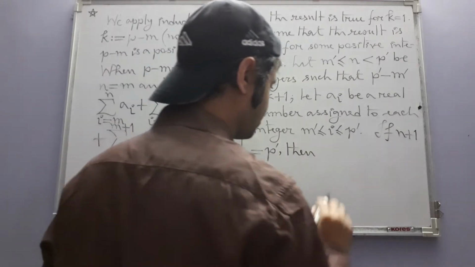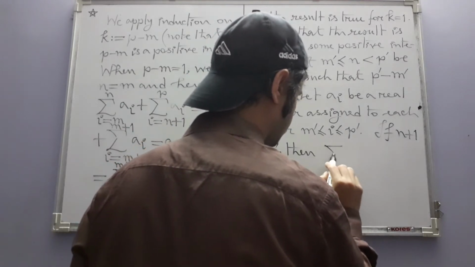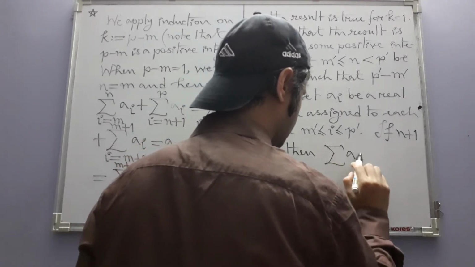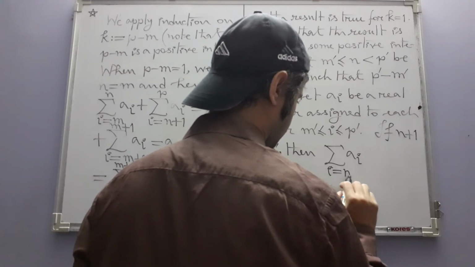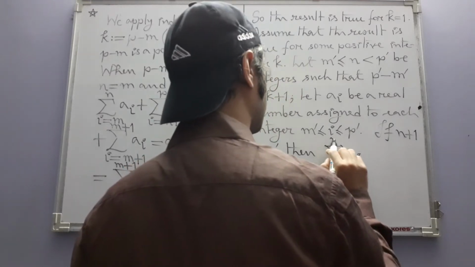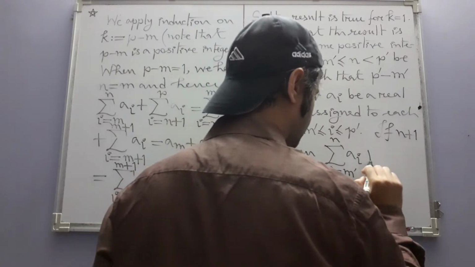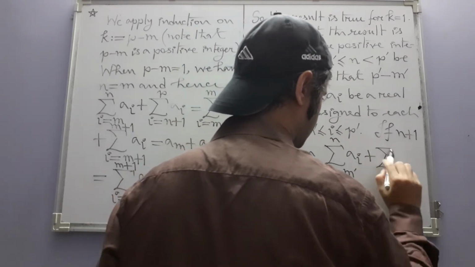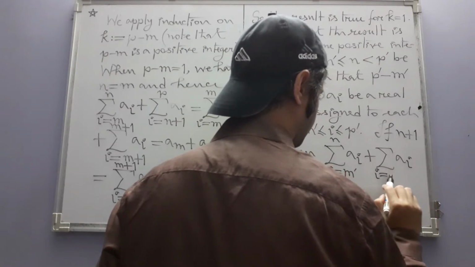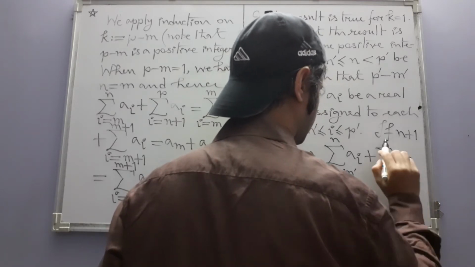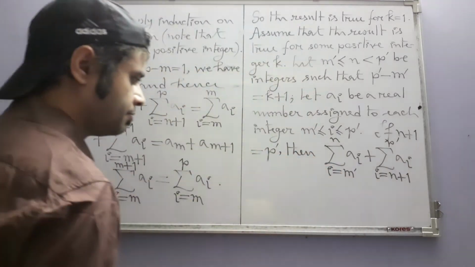So if n plus 1 is equal to p prime, then we are looking at what? Summation ai, where i varies from m prime to n, plus summation ai, where i varies from n plus 1 to p prime.